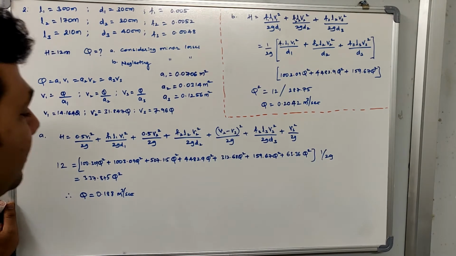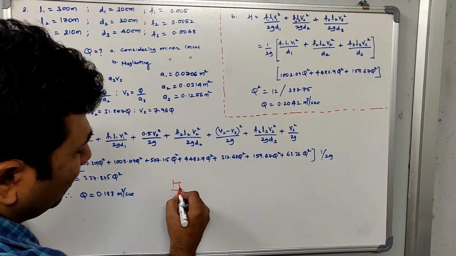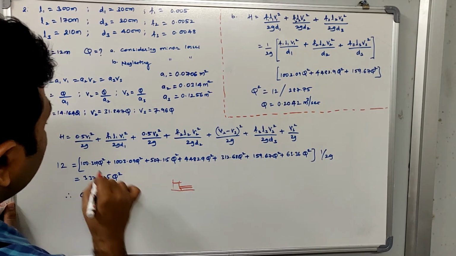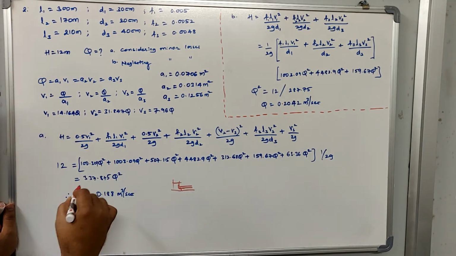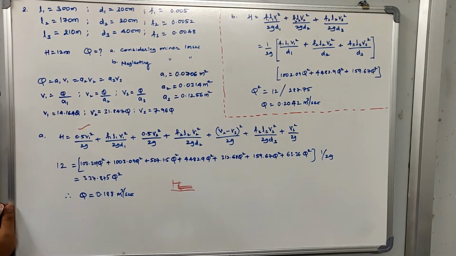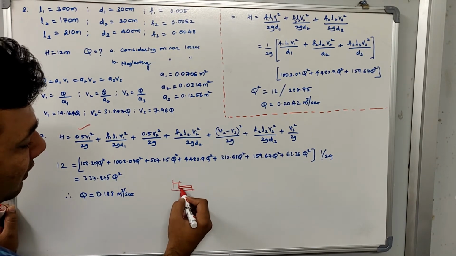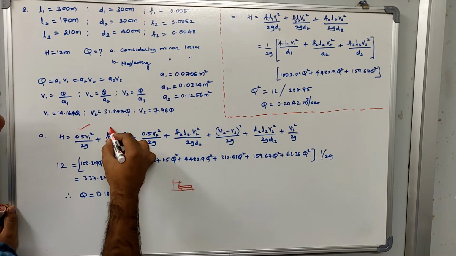Now there is a tank 1. From tank 1, the water enters into pipe 1, right? So here there is an entrance loss, which I included, which is 0.5 V1 square by 2G. Once the water is traveling in the first pipe, there is a frictional resistance offered by the first pipe, which can be calculated like this.